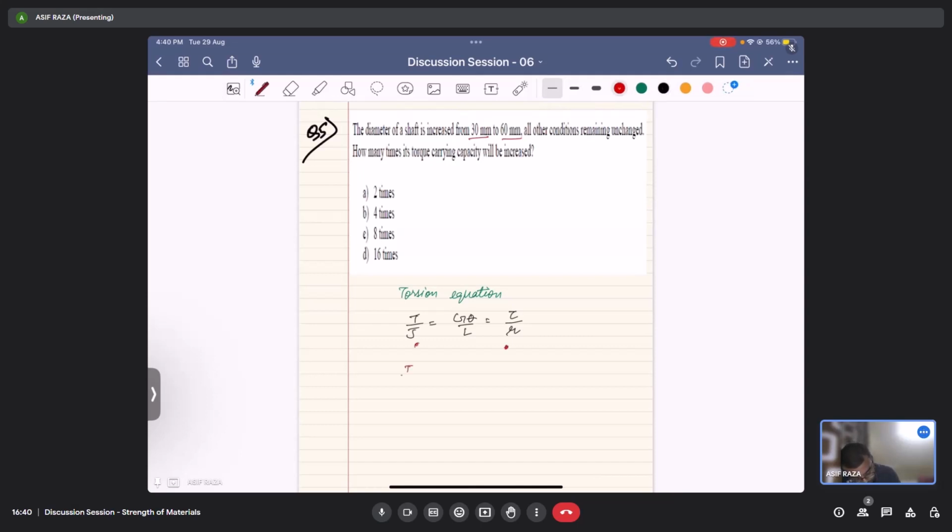That will give me T by J equal to tau by R, and that would be T equal to tau J by R.